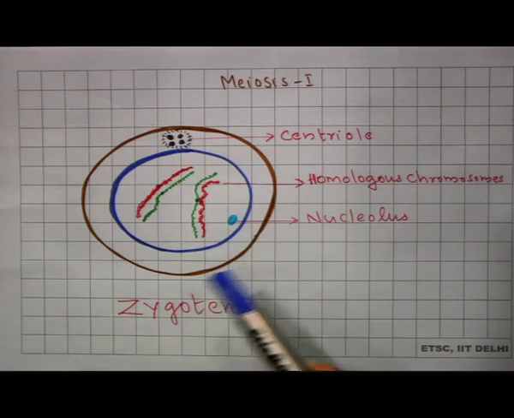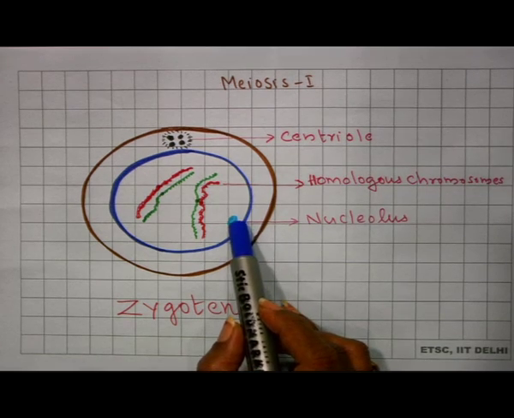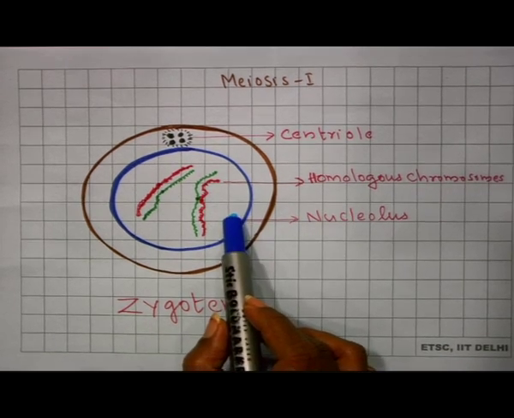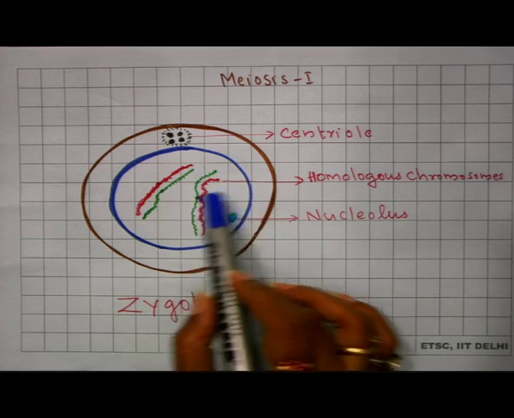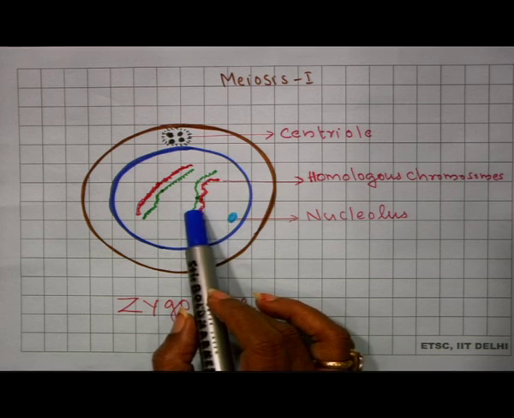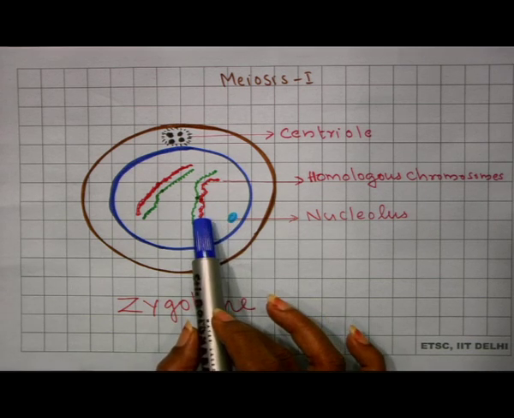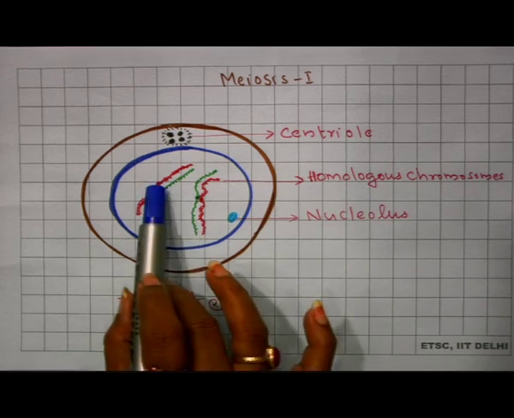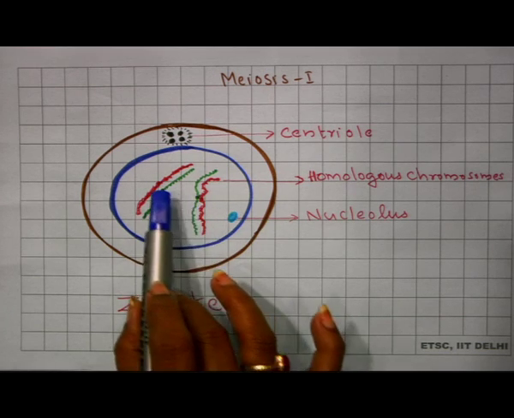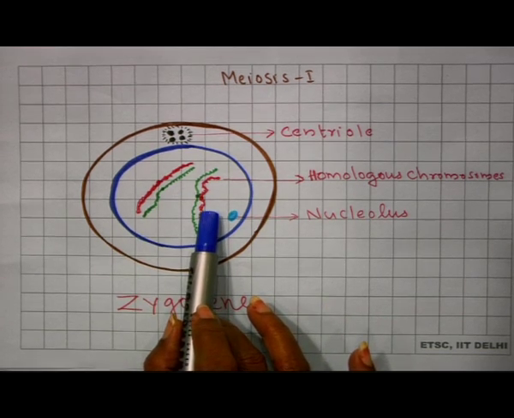When you are observing here, you can see nucleolus is present, and these are the homologous chromosomes. This red and green chromosome that I have shown here, it is the homologous chromosome. So, here we can see two pairs of homologous chromosomes.